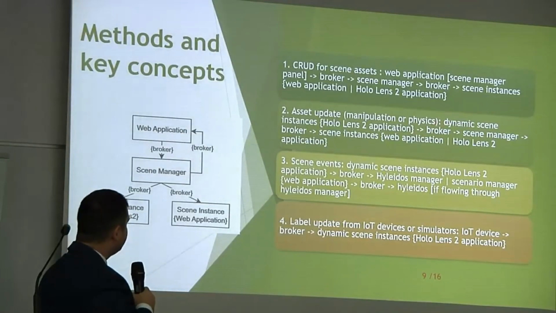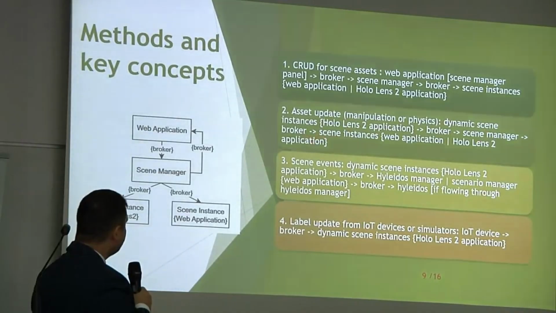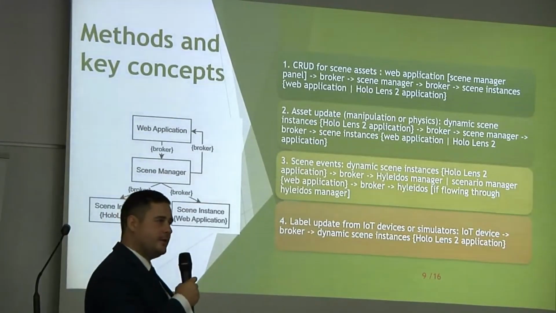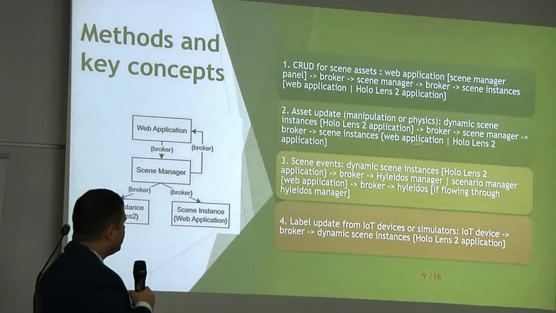The data goes from the HoloLens through the broker to the Scene Manager. Scene Manager saves data to the database and, of course, notifies all instances of the selected scene to update the visualization.